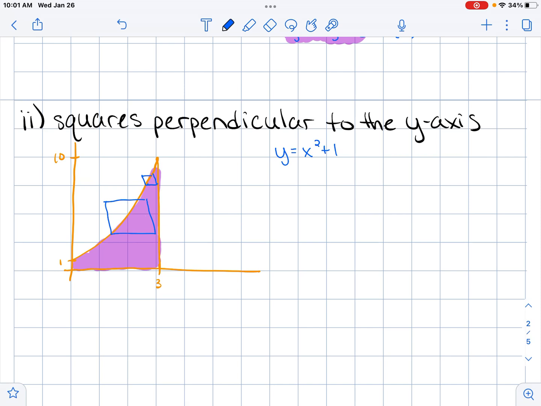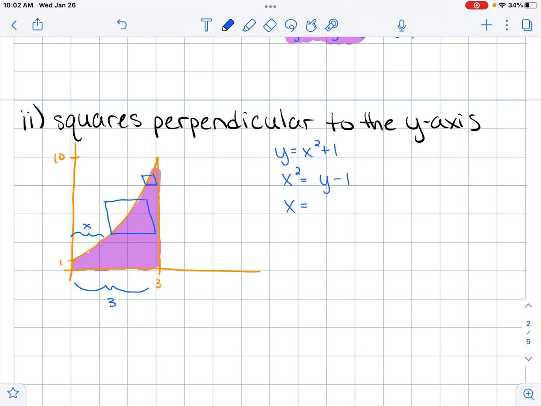In order to find the length of the side of the square, I know that from here to here, this length is 3. And I know from here to here is some x value based off of the function itself. So just like we did in the last section, we're going to use this y equals x squared plus 1 and isolate x.